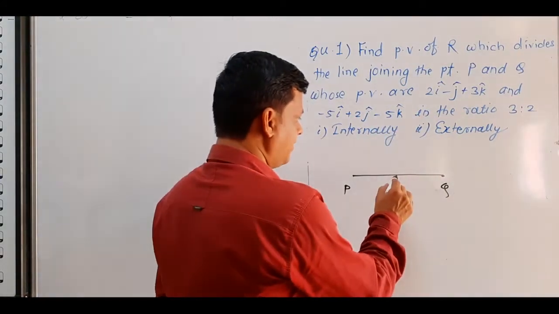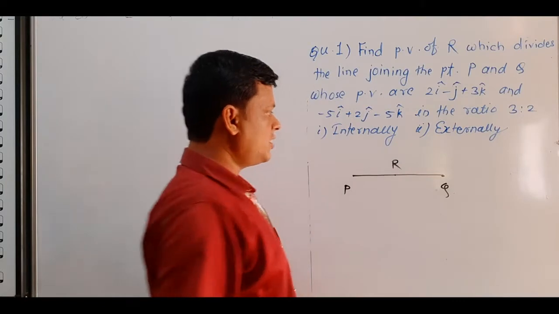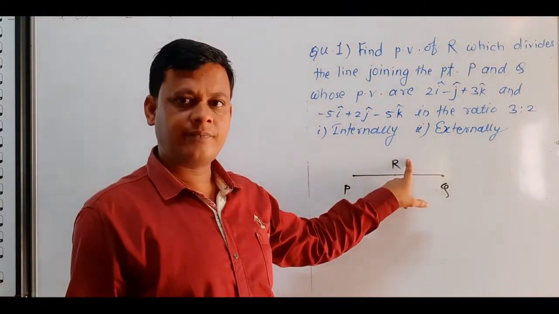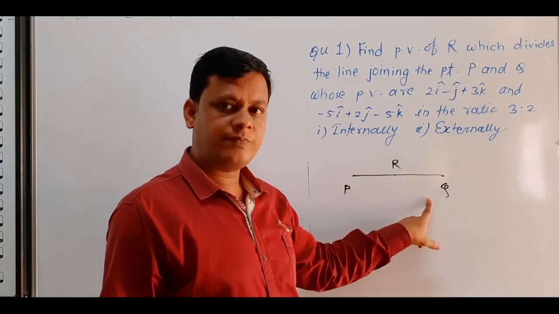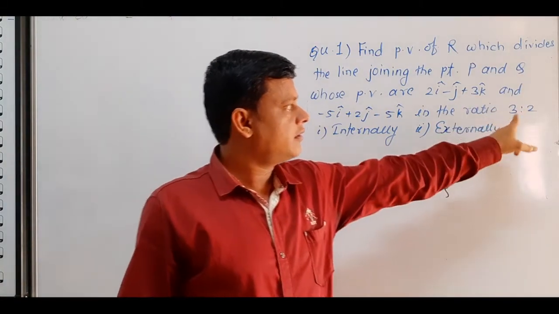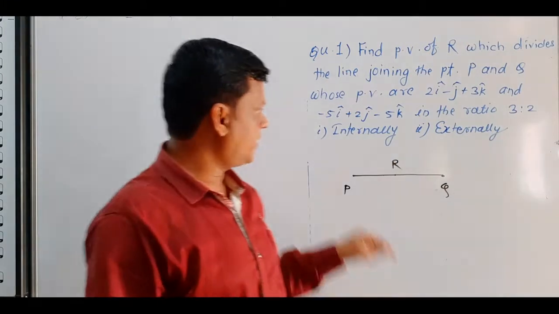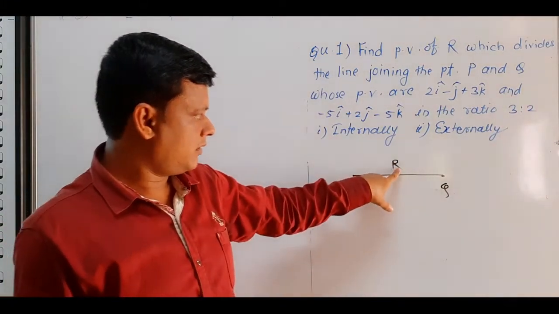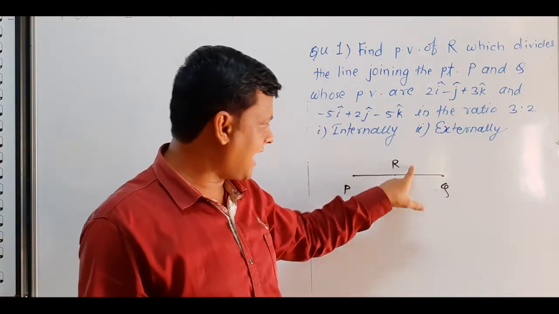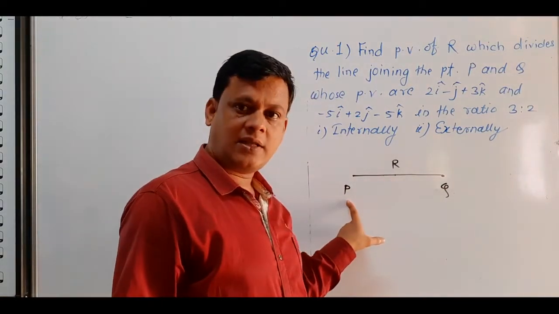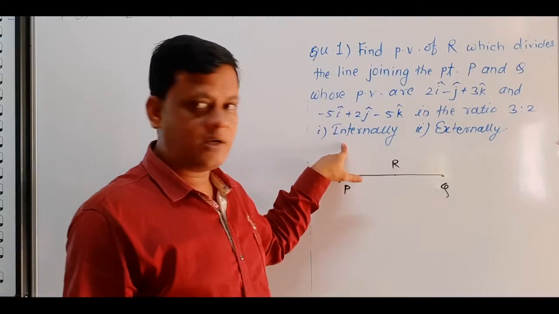So we have to find the position vector of point R which divides this line segment PQ in the ratio 3:2. First we have to find the position vector of point R when R divides this line segment PQ internally.